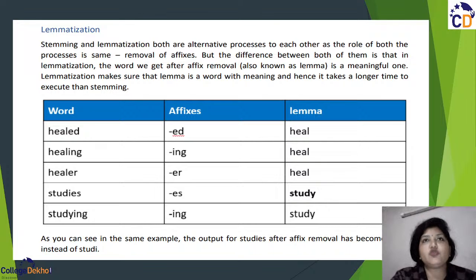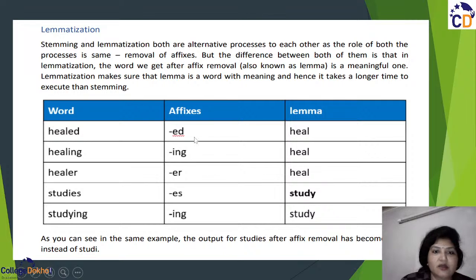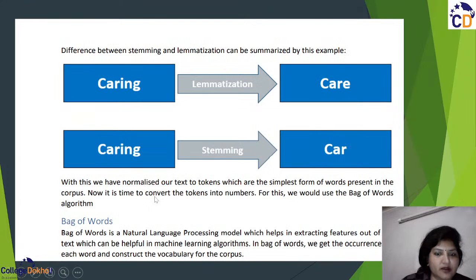One should know the difference, one should know how the affixes are removed and how the word converts into the base form. So stemming and lemmatization are alternative processes to each other, as the role of both is the same: removal of affixes. Both processes are basically removing the affixes.